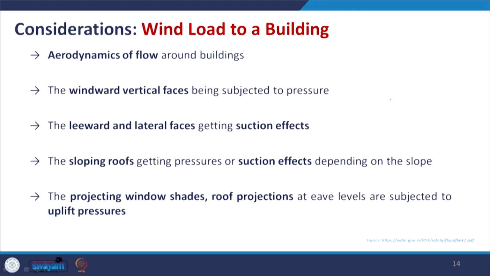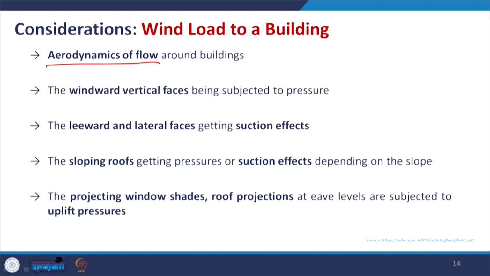Now, coming to the wind load on a building. When we design a building or decide upon the shape and size of a building, and even the structural design, we should take care of a few points, and it starts with the aerodynamics of flow around the building. Definitely it will depend on the shape of the building in its plan and elevation, both. We will come to that again.